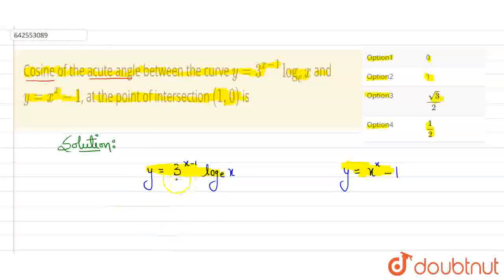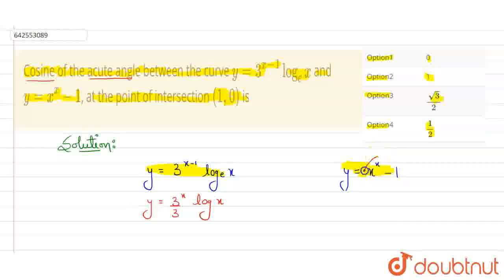If we differentiate this equation, first change it into simple form. y = 3^(x-1) means here I can write 3 log_e x, or log x, both are the same. Now convert the other one as well. Here it is x raised to power x, let's change it into simpler terms.